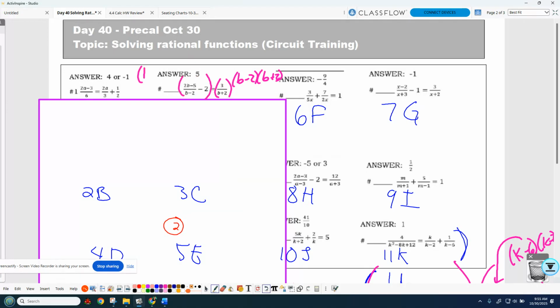They made it crowded because they wanted to make sure you saw they were multiplying that 2 as well. And then they got rid of denominators. For this one, the b minus 2 went away. Nothing canceled in this one. And over here, we were left with 3b minus 2.